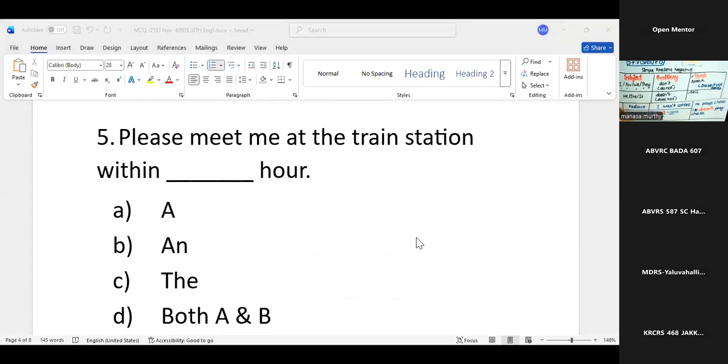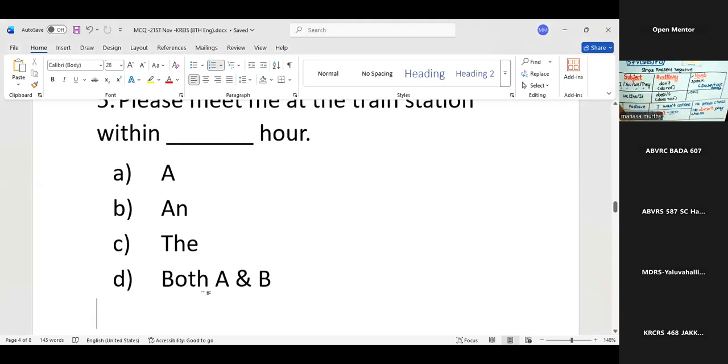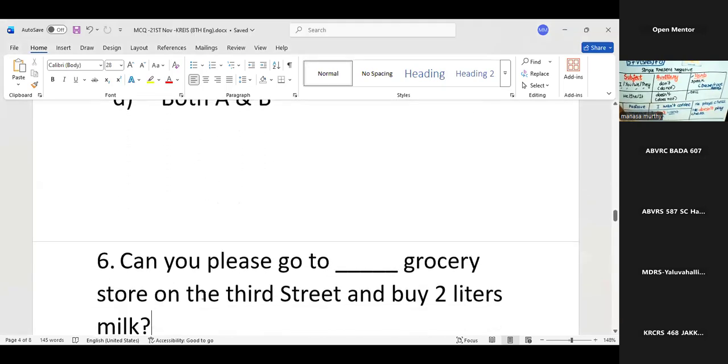Is it an or a, wherein H is silent? Exactly. You have understood the rule very well. It is an. If H isn't a silent H, we would be using a. In this case, it is an hour, an hotel, an honorary. For all these words, H is silent. That is the reason we are using an.